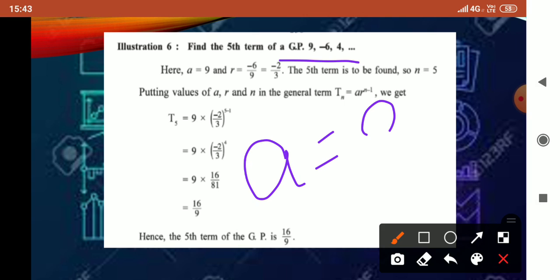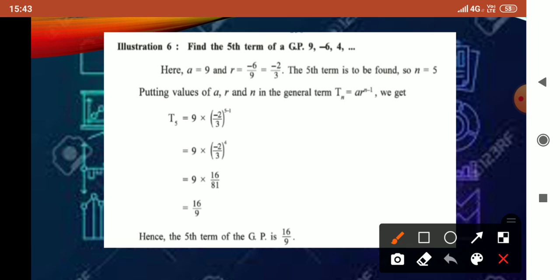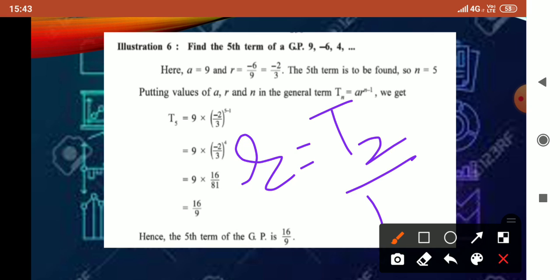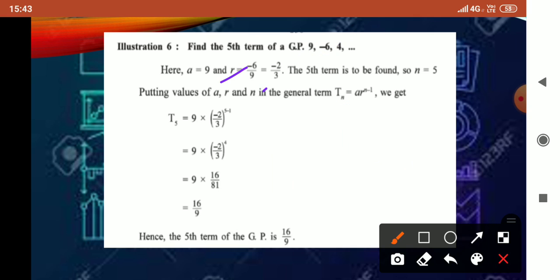What is your first term? First term is 9. So they have taken a equals 9. Now what is r? r is the common ratio. So r is t2 upon t1. What is the second term? Minus 6 upon 9. So they have done minus 6 by 9, which is equal to minus 2 by 3.